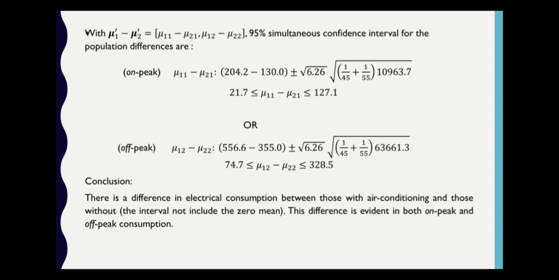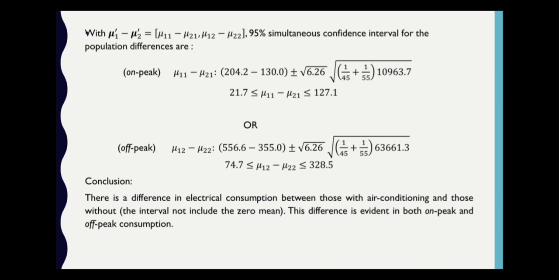Okay, so last kali, the result that you get, the mean difference for first variable will be in the range of 21.7 and 127.1. So it seems that this interval does not include 0.